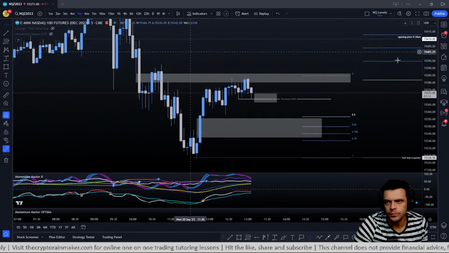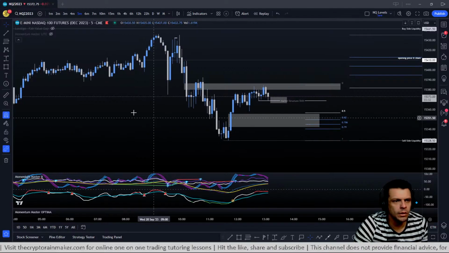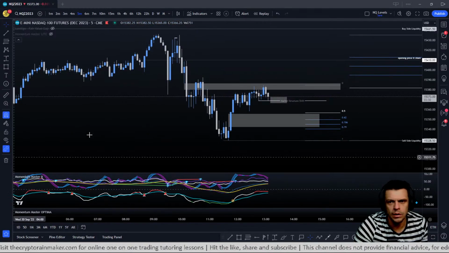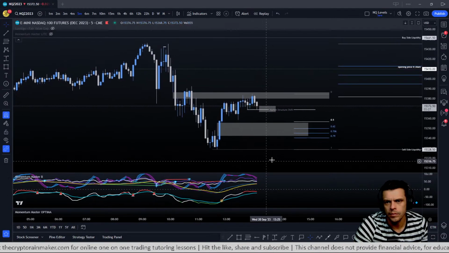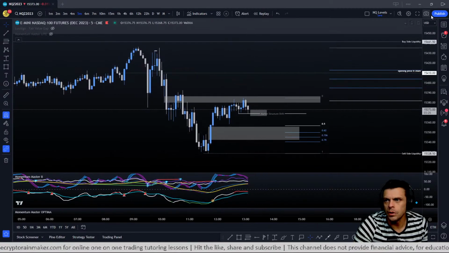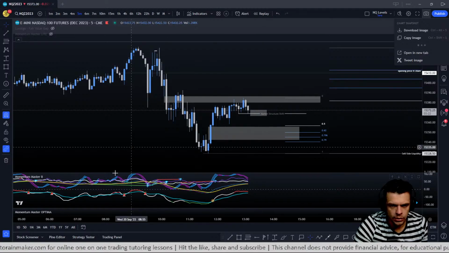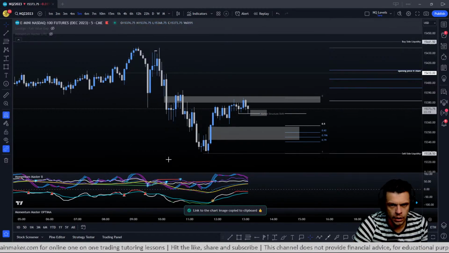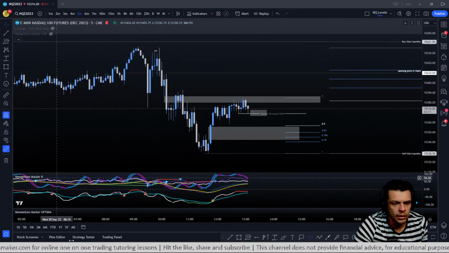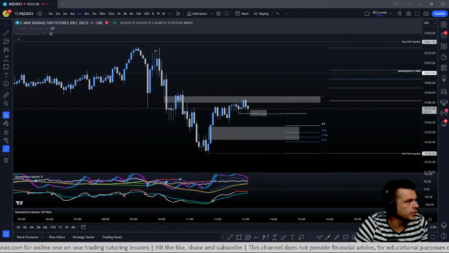Right, have a quick look at the higher time frames as well. I just want to copy this link for myself because I'm just gonna delete everything right now on this chart so we can analyze the higher time frames.